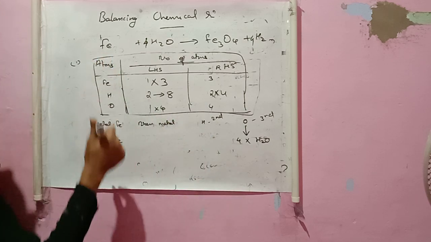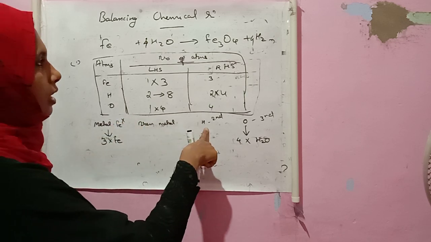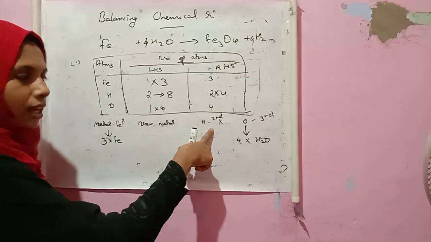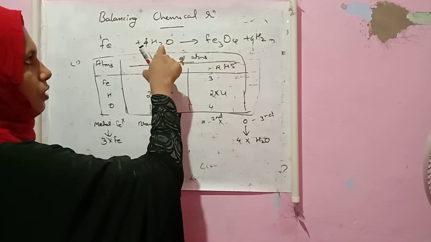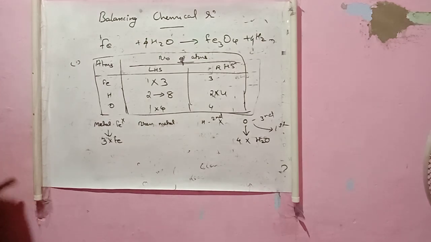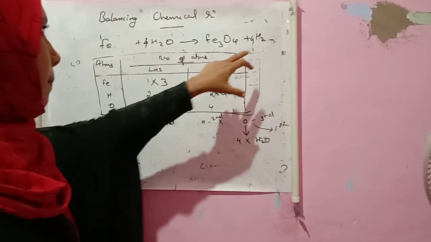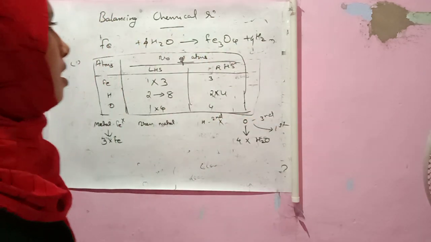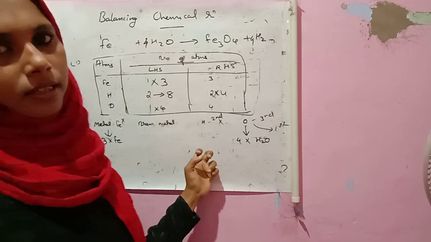Iron is in elemental form, so we did not do it first. Hydrogen is in elemental form on one side, so not second. But oxygen was in compound form on both sides, so we did it first. After balancing oxygen, some changes happened in the atom in contact with it, and then we balanced the metal, then hydrogen.